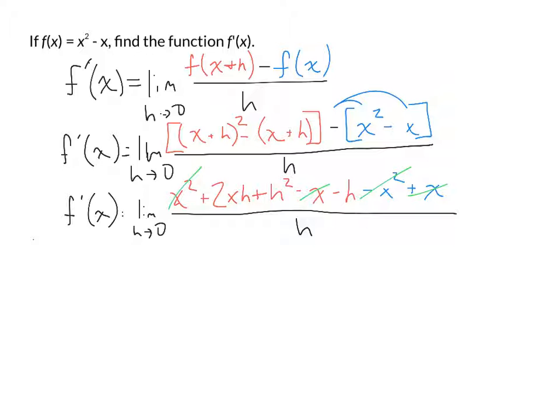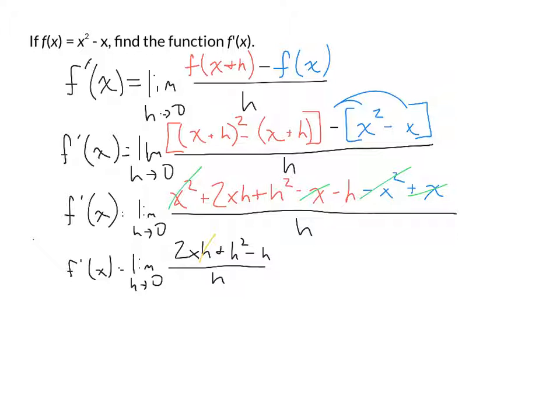And so you can see here, we're going to have our limit of 2xh plus h squared minus h all over h. And once again, we can cross some things out here. We have an h on top and bottom.